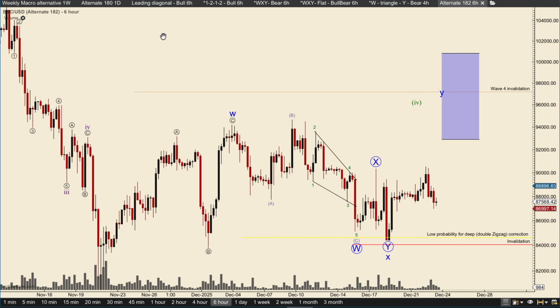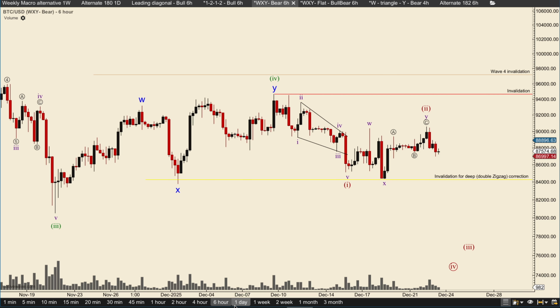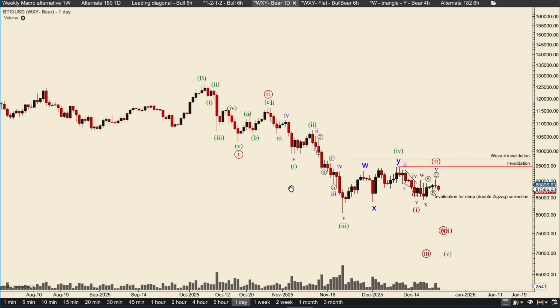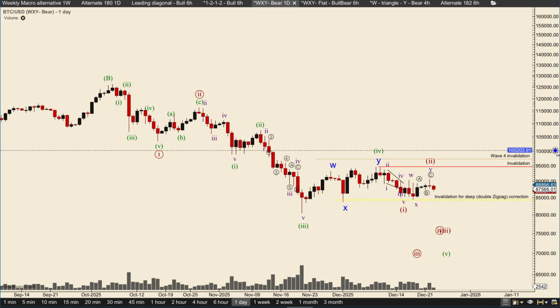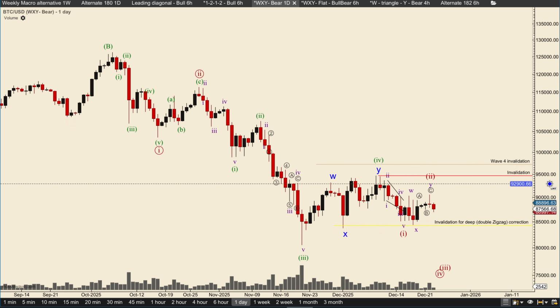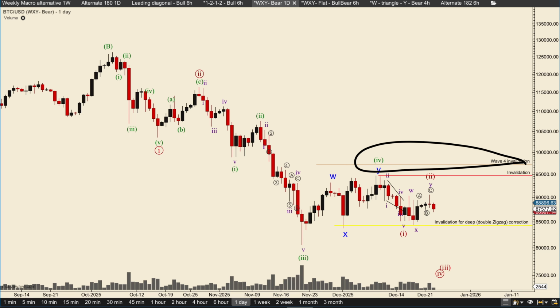And also, it is very important to keep in mind the big picture here, because if we take a bearish count like this and we zoom out on the daily time frame, you can see that the wave 4 invalidation is here, meaning that if we take out this, it is a high probability that we are done. Basically, the bulls take over.